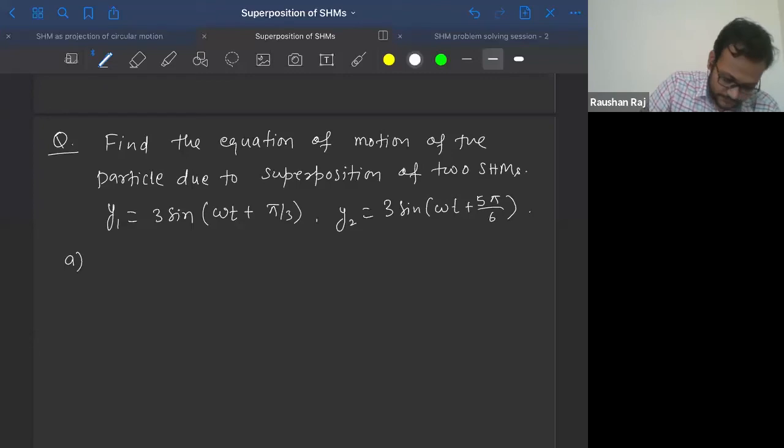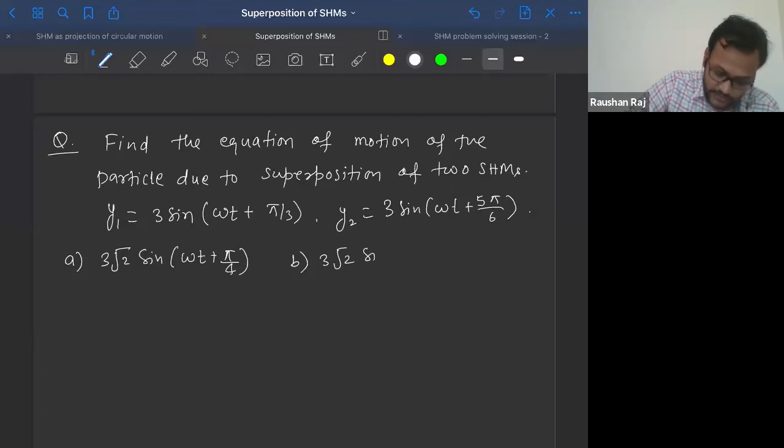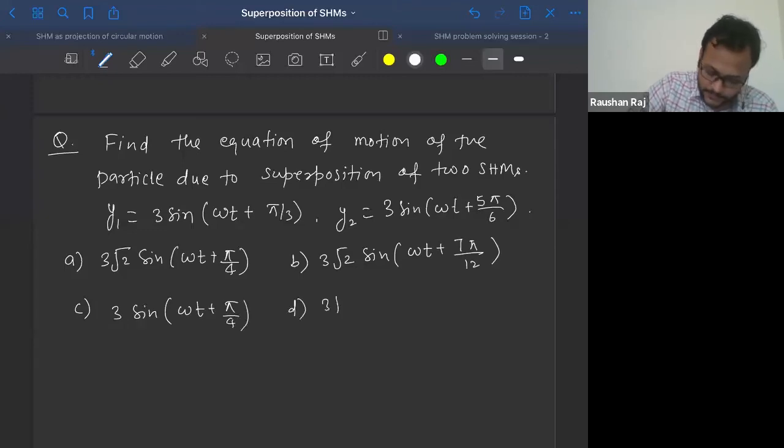Options: A is 3 square root 2 sine of omega t plus pi by 4. Option B is 3 square root 2 into sine of omega t plus 7 pi by 12. Option C, 3 sine of omega t plus pi by 4. And option D, 3 square root 3 into sine of omega t plus 7 pi by 12.